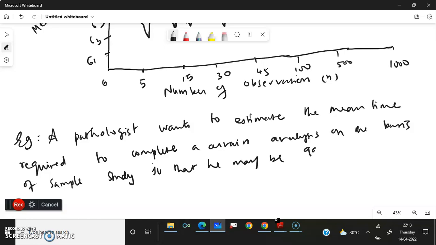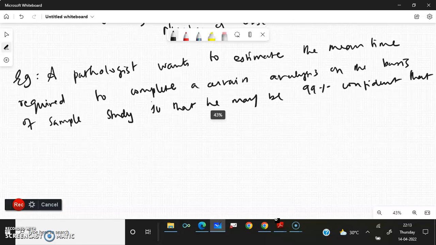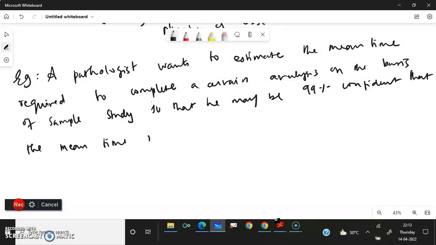be 99% confident that the mean time may remain within plus or minus 2 days of the mean.